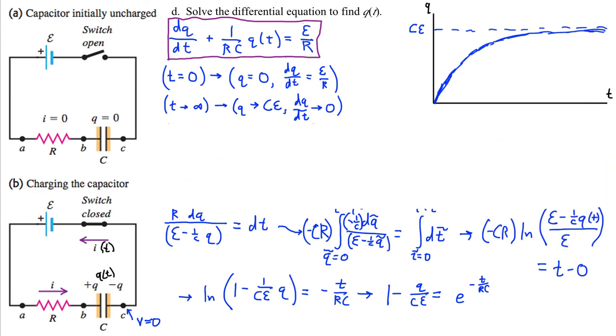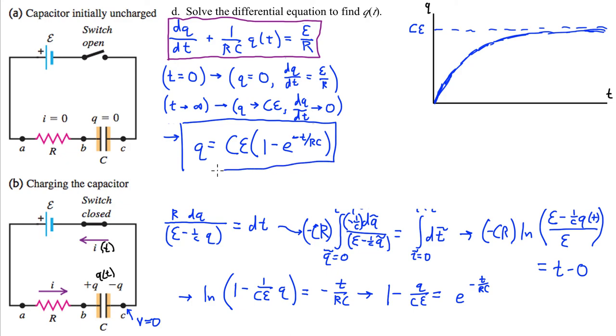Okay, and right in here, the answer is Q is equal to C times EMF times 1 minus e to the negative time over RC. Okay, so this here now is your answer. You can see, in fact, that this will approach capacitance times EMF in the steady state. You can see also that at time t equals 0, it will be equal to 0, and all the good stuff.